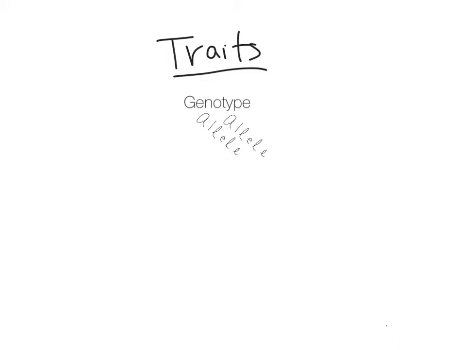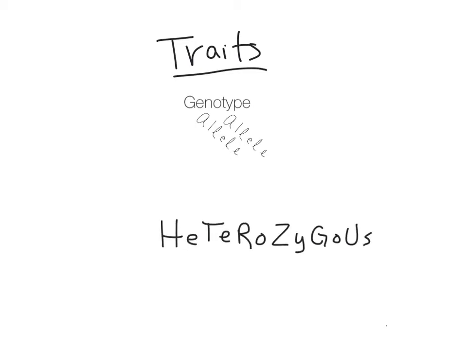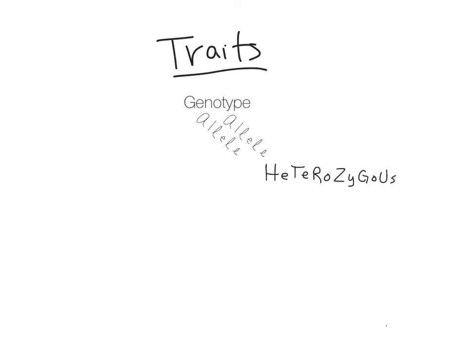Now, depending what these alleles are telling my body, my genotype is going to affect what kind of trait I have. And these alleles can be either dominant or recessive, and we're going to talk about that more in a second. But one genotype, so describing my alleles, is called heterozygous. You'll see I've written it with different letters because heterozygous means one dominant allele, which is usually a capital letter, and one recessive allele, which is usually a lowercase letter.